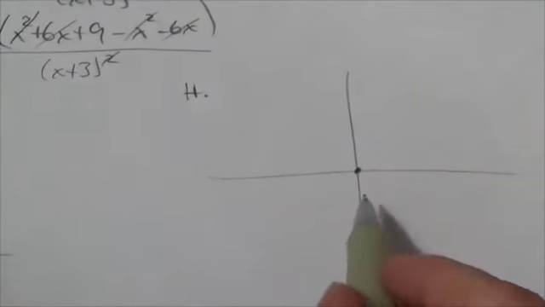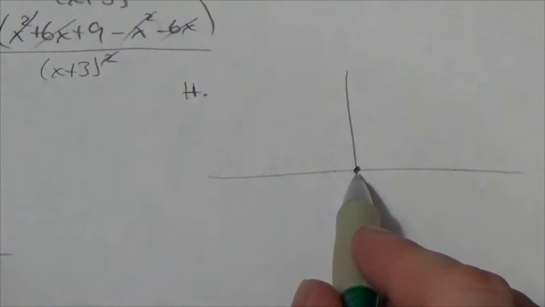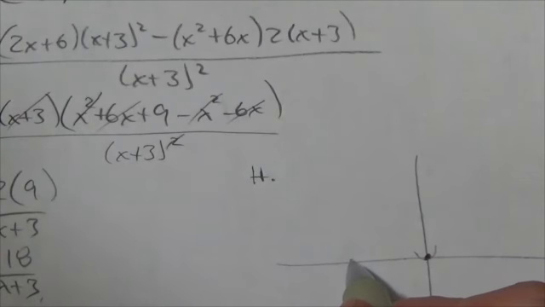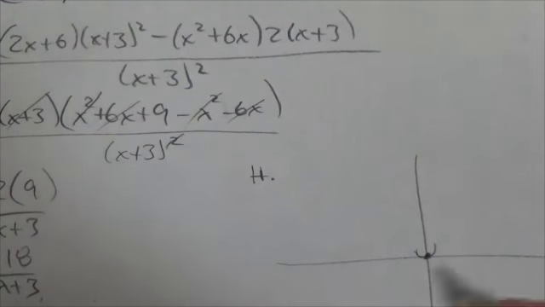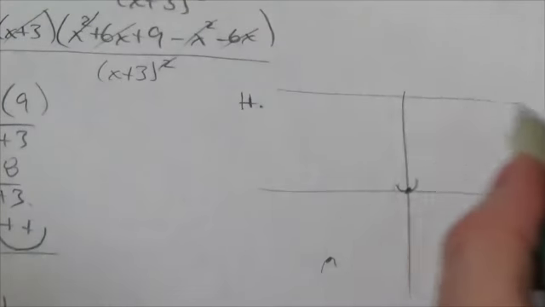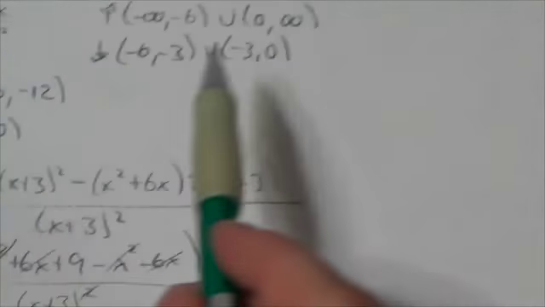Okay, well, we know that we've got a minimum at 0, 0, and we've got a maximum at negative 6, negative 12. So negative 6, negative 12, somewhere down here. There's my maximum. Okay, so minimum, maximum. Along the top here, I know that I've got intervals of increasing.